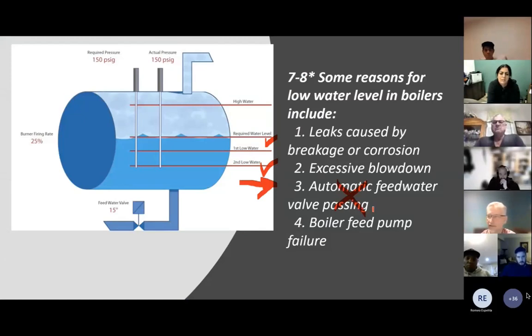It means it's not shutting off. And another reason for low water level, feed pump failure. Okay. So we're talking about steam boilers. Hot water boilers do not have feed pumps. They have circulators or circulating pumps.